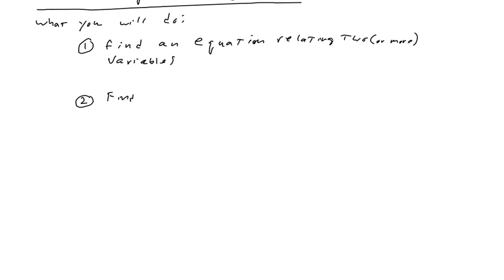Second thing you're going to do is find a derivative, usually with respect to time. So it's going to be d/dt. Usually, when we do related rate problems, the rate we're talking about is related to time. A change in radius with respect to time.